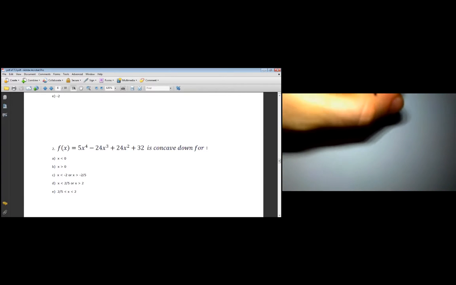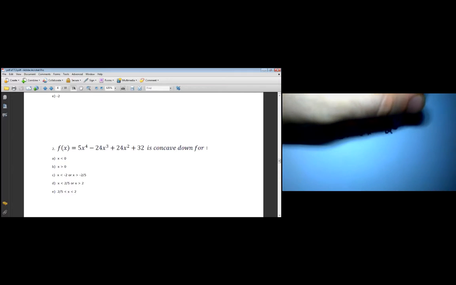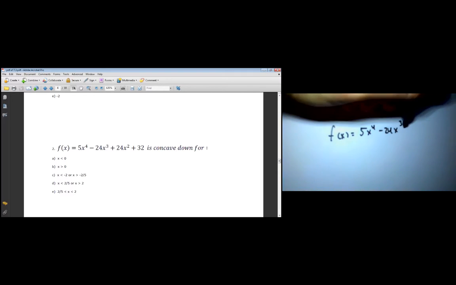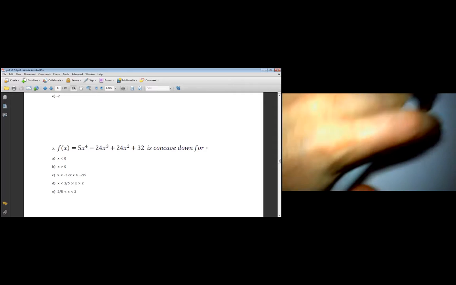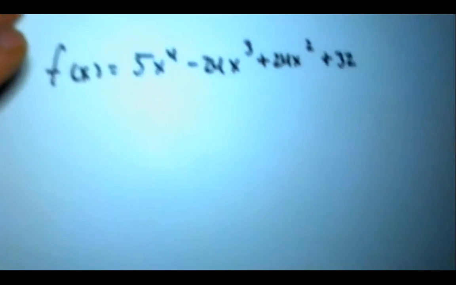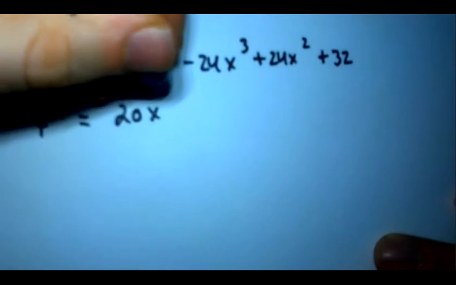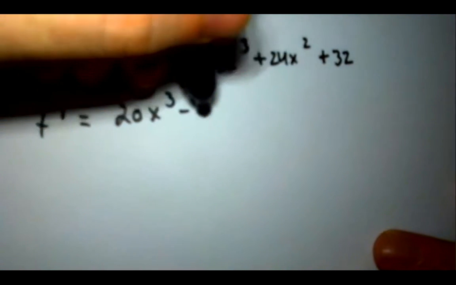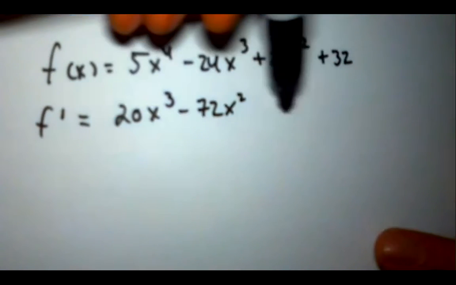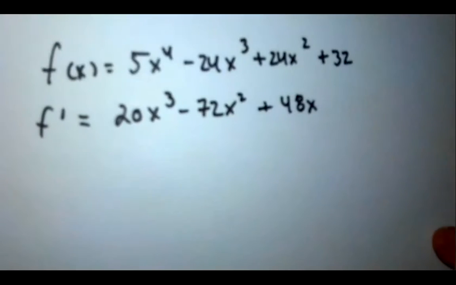All right, hang on, let's get to the problem. 5x to the 4th minus 24x to the 3rd. Okay, first things first, you did 2 derivatives, correct? Yes, that's correct. All right, so the first derivative is 20x to the 3rd minus 72x squared plus 48x. Constant's gone.